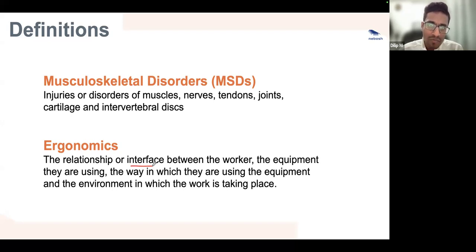According to the needs of the worker, the work equipment and the working environment must be modified to match the capabilities of the individual. The individual must not get adapted to poor workstations, poor equipment, or a poor environment.